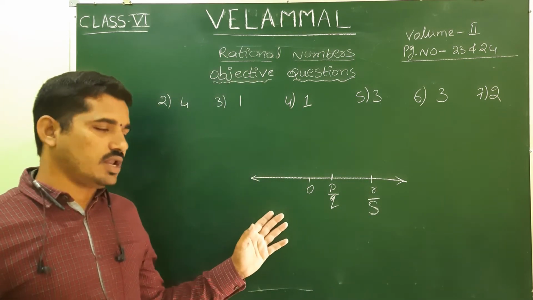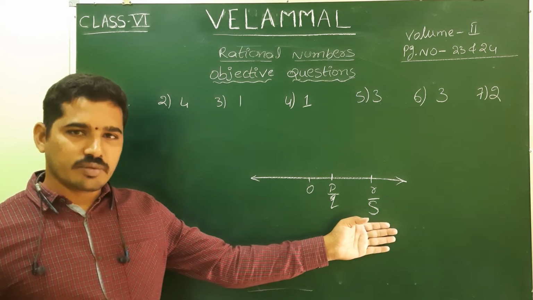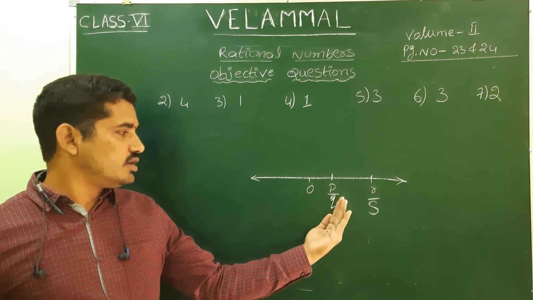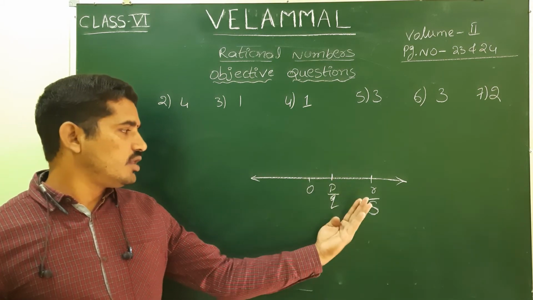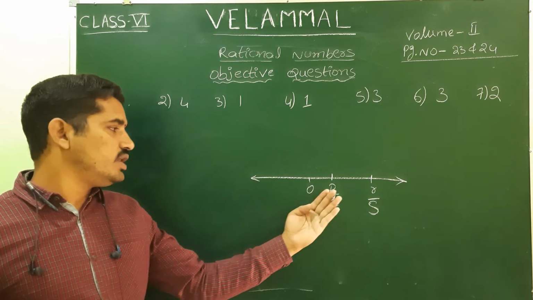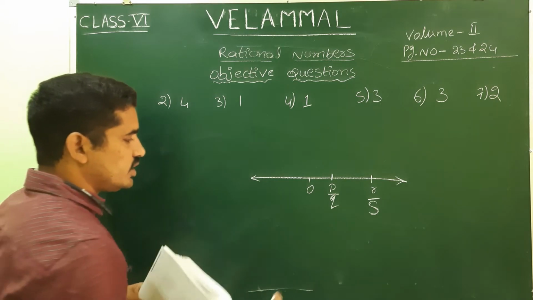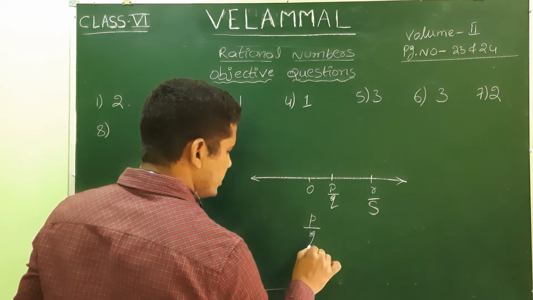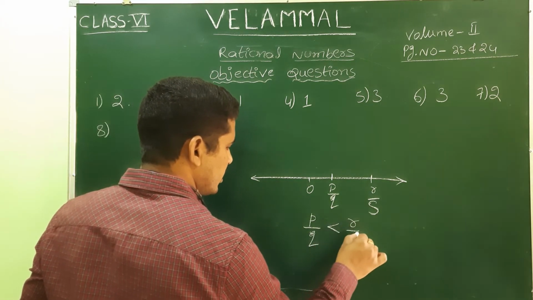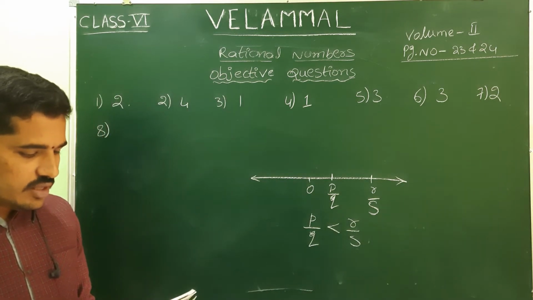So on the number line, P by Q is to the left of R by S. It is a fundamental thing that on the number line, the left side values are lesser in value than the right side values. So we can say P by Q is less than R by S. P by Q will always be less than R by S.